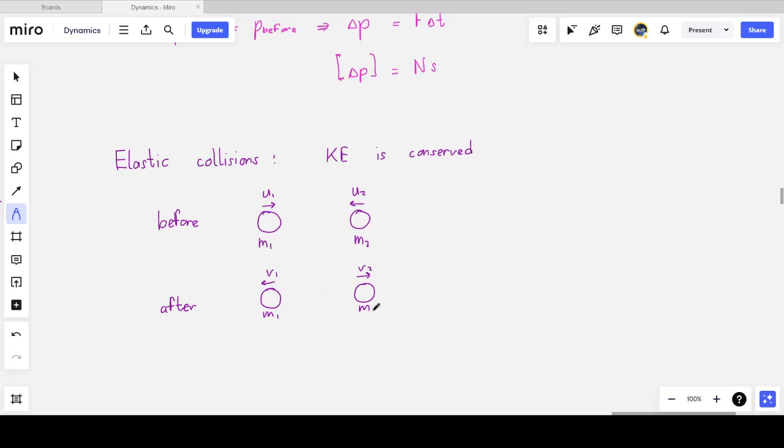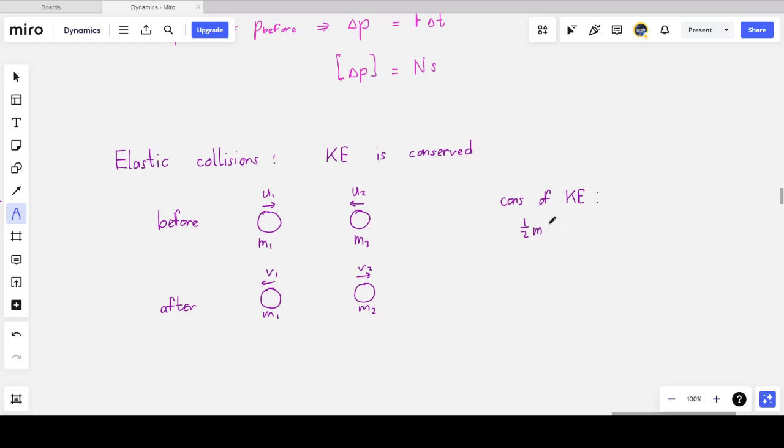Whereas initially U1 was to the right and U2 was to the left. So the two balls collide and then they move off in opposite directions. So this is what happens in an elastic collision. They strike and they move off. And the conservation of kinetic energy. Now, there's lots of equations that you can memorize and so on, but this is the most important.